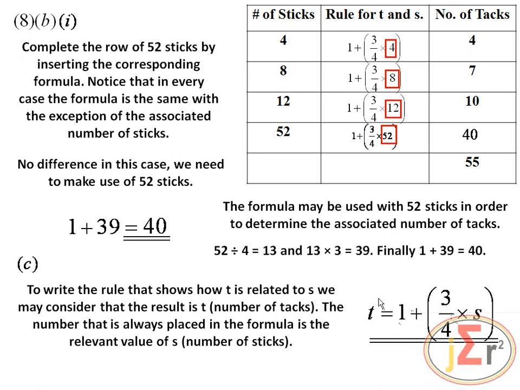So we have T is equal to 1 plus 3/4 multiplied by S. We will continue with part C on the next slide.